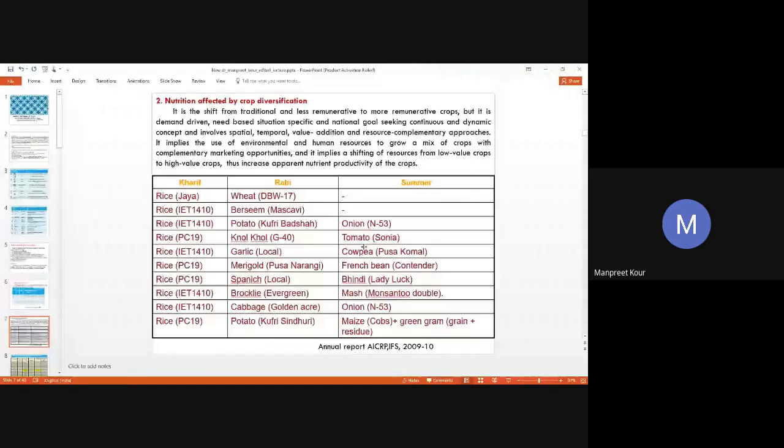Yes. This slide, I think, and this is my personal opinion, is very important. Crop diversification is a very important technique in modern plant nutrition. Why so?